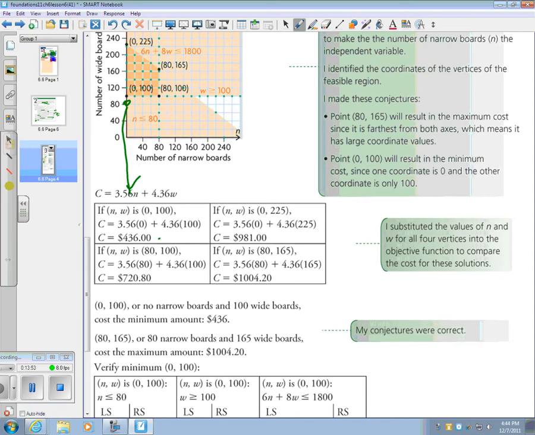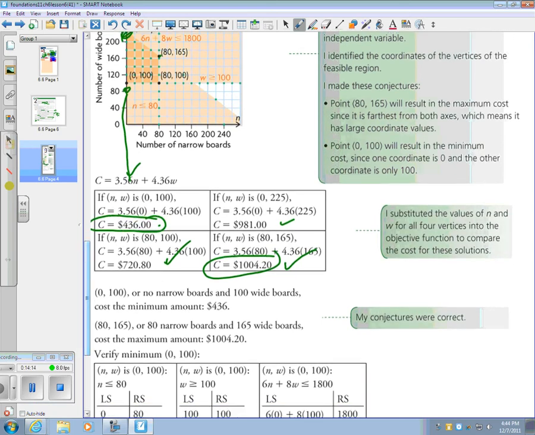Next, they plugged in 0 and 225. They found it was 981. Plugged in the next guy. Oh, no, that's here. 1,720. So what's their maximum and minimum? Here's your biggest cost. Here's your littlest cost.